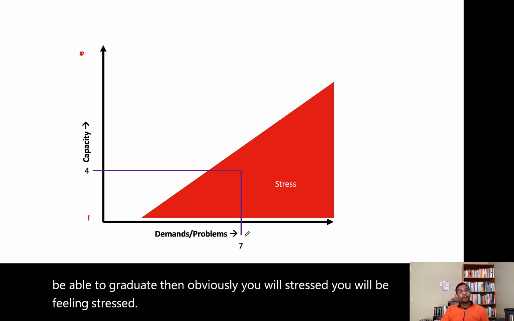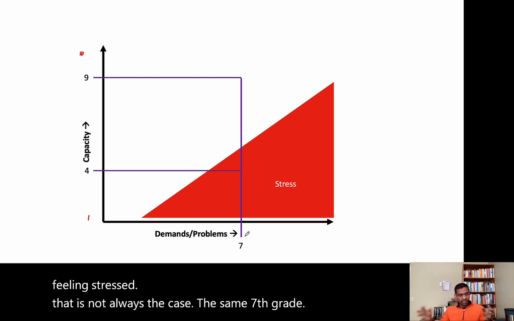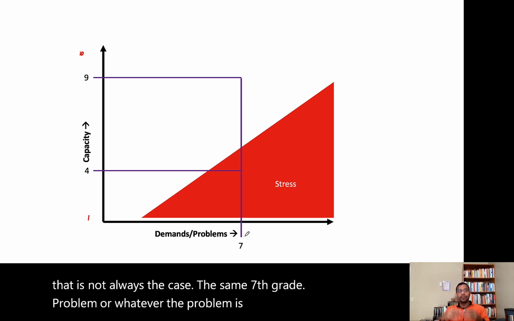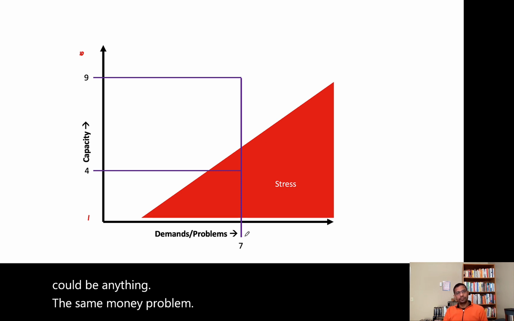But that is not always the case. The same 7th grade problem, or whatever the problem is, it need not be a math exam, it could be anything. The same money problem, the lack of money, may not cause me to feel stressed if I know that I have the capacity.